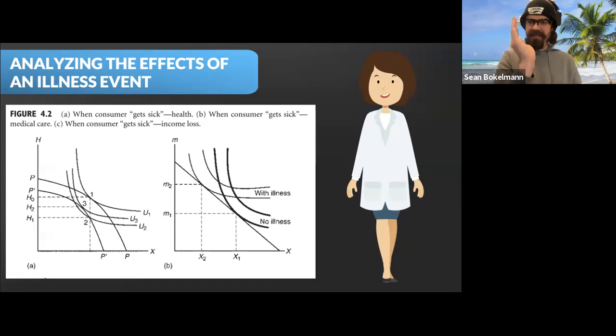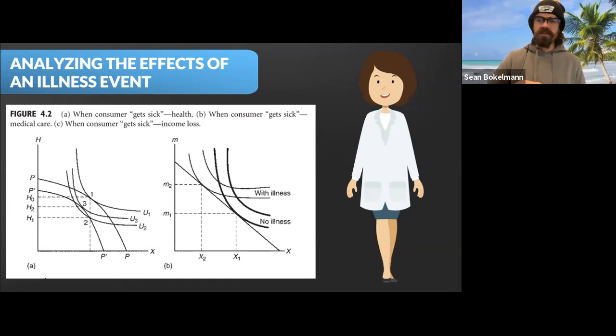Yes, the indifference curves get flatter as a result of the illness. Okay. And again, that's because the illness affects the production function, which affects the stretching. Okay. So again, what we need to keep in mind is that the utility function is stable. So nothing about the indifference curves is changing in A, but they will look different in B because of the stretching that's involved because of the production function. Okay.